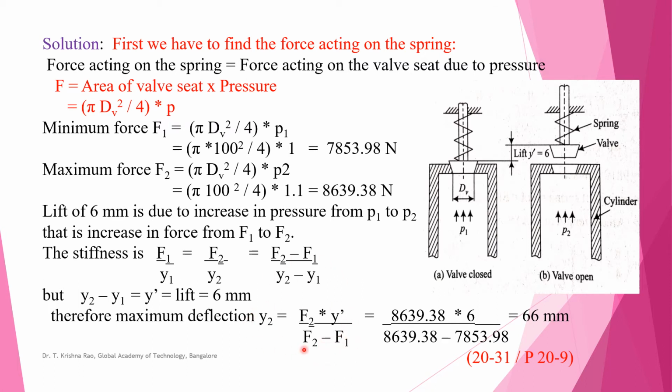This equation gives us the maximum deflection. So we have taken a spring and compressed it by 60 mm initially, pushing it downward. When the pressure increases, it is further compressed by 6 mm extra, the lift. So the total deflection of the spring is 60 initially plus 6 mm extra, 66 mm is the final deflection.